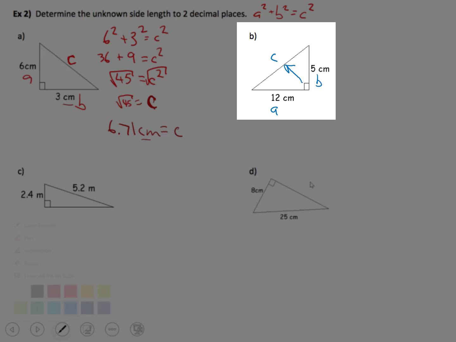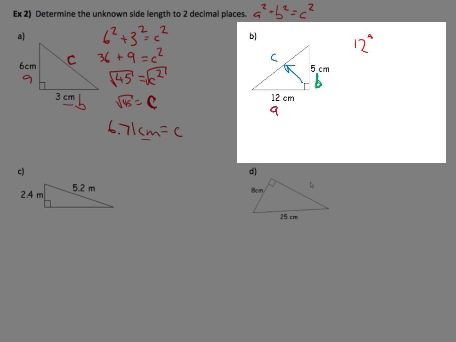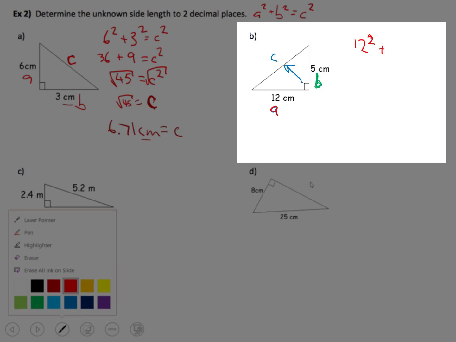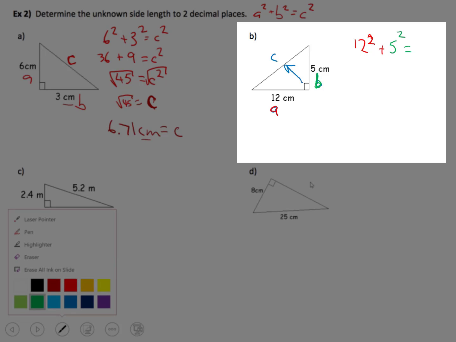If I'm color coding this, though, I should really use green for B, just so you can see easier where these numbers are coming from, and maybe red for A. So I'll have 12 squared plus, in green, 5 squared equals, and then in blue again, C squared.